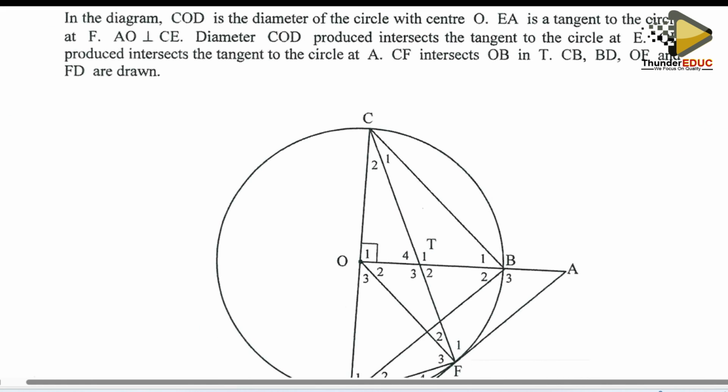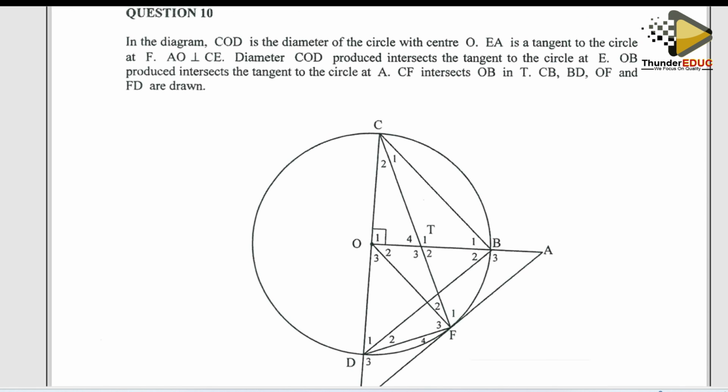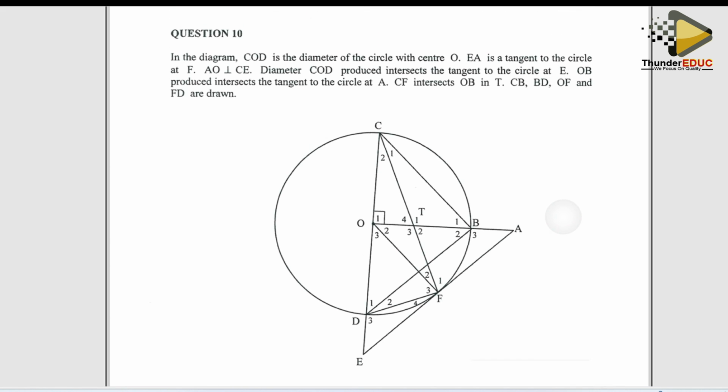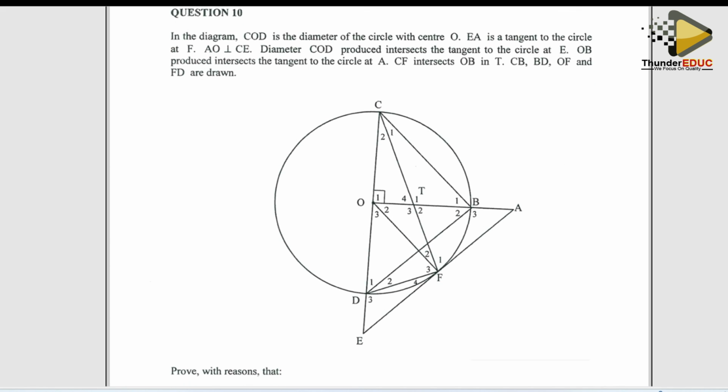Then question number 10. We're being told that in the diagram, COD is a diameter to the circle with center O. EA is a tangent, and AO is perpendicular to that. This produced is a tangent.